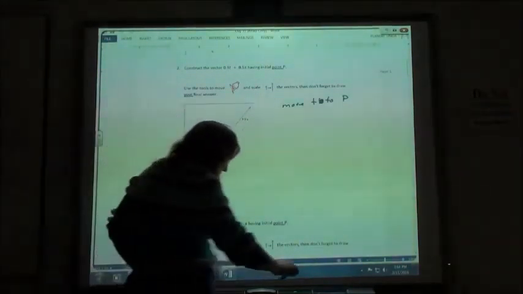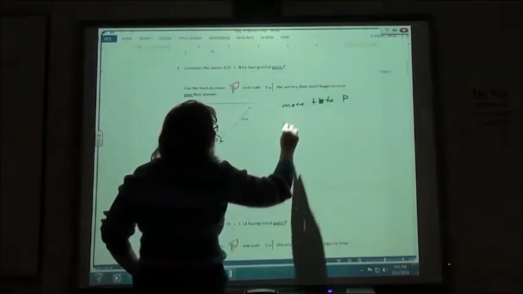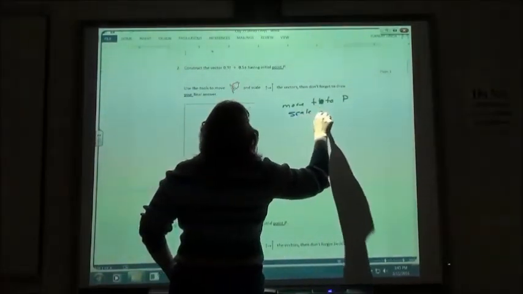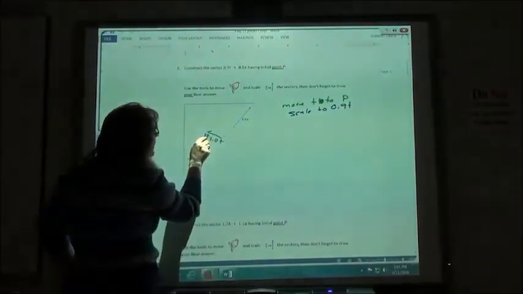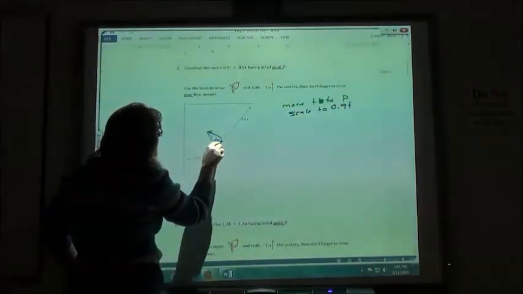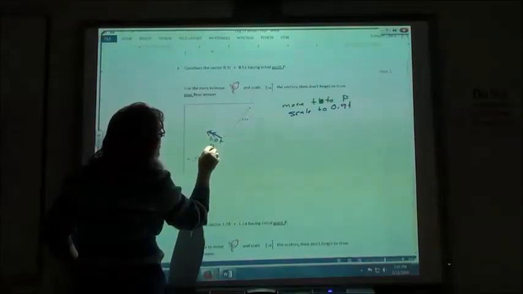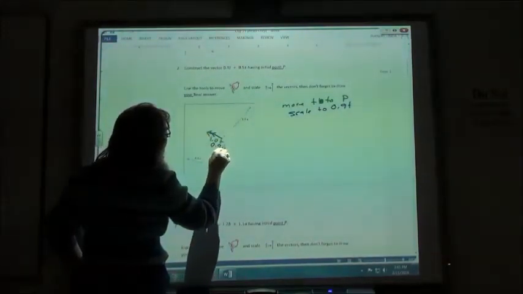I'm going to scale that. I'm going to scale this one back to 0.9t. So I'm going to push it back just a little ways, and so now my vector here will say 0.9t.